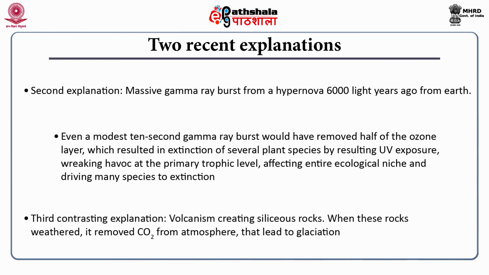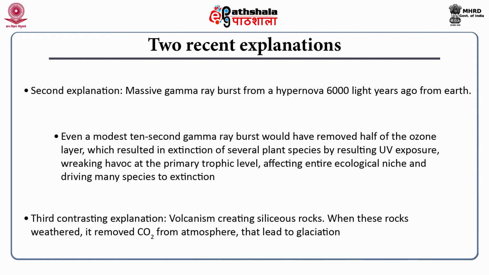And now we have a third, contrasting explanation for the same Ordovician-Silurian extinction event: volcanism creating siliceous rocks all around the world. When these rocks weathered, it removed CO2 from the atmosphere, which led to the glaciation. So, that is a very interesting explanation.